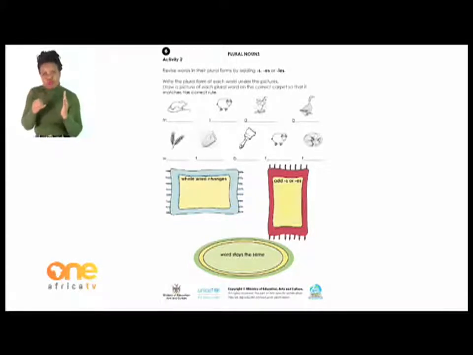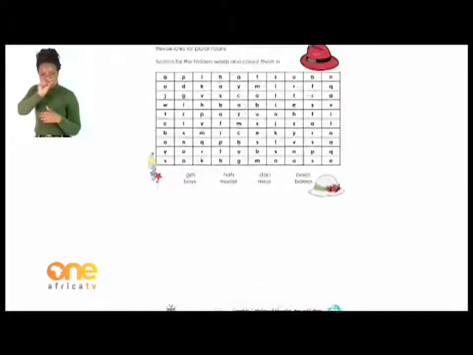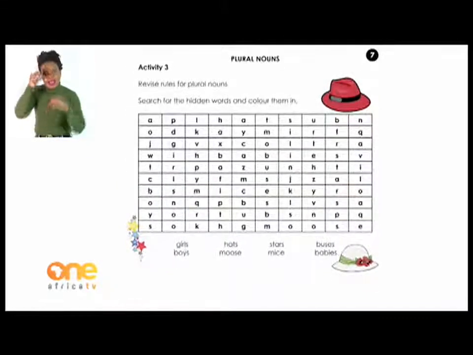Let's continue. Activity number 3 on page 7. Search for the hidden words and color them in. You are given some guidelines there. The words are below. Girls, heads, stars, buses, boys, moose, mice, babies.